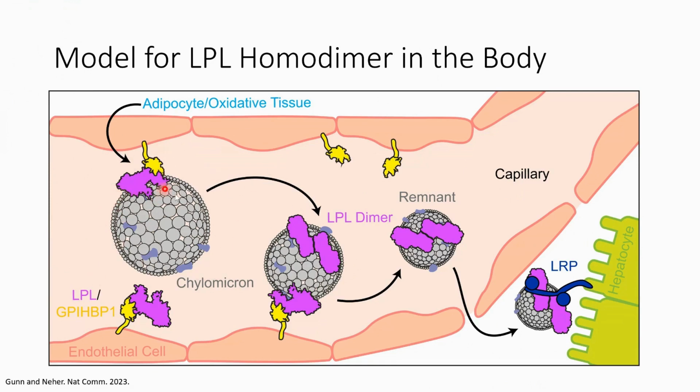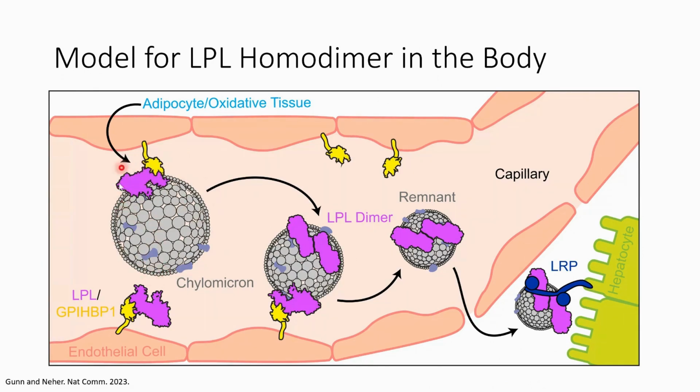When LPL interacts with a chylomicron, you begin to get the production of free fatty acids. And it has been shown that when you have LPL, GPI-HBP1 complexes, introduction of substrate, such as chylomicrons, or product, such as free fatty acids, actually triggers the release of LPL from the GPI-HBP1.